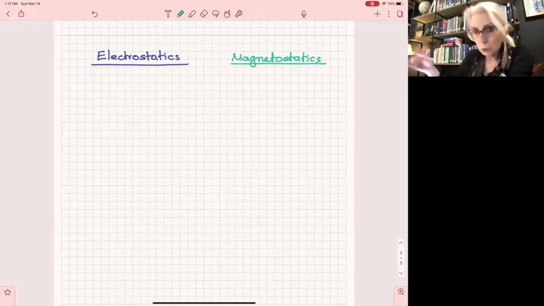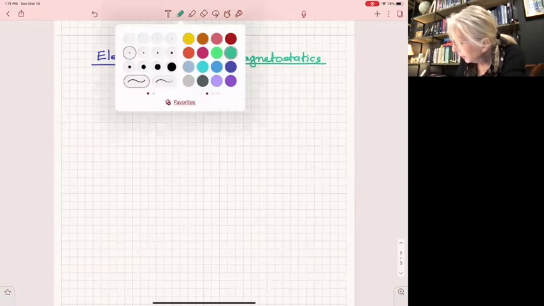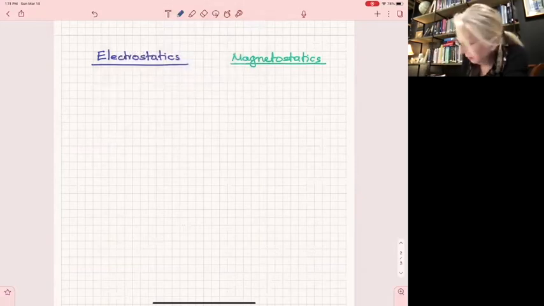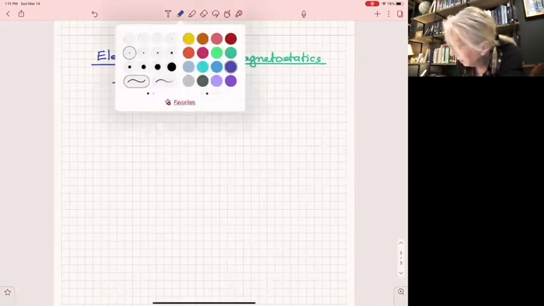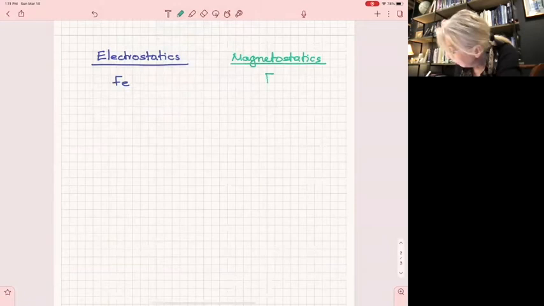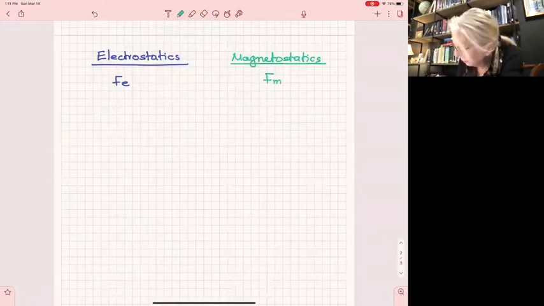First of all, I'm not going to go too much into the forces, but just to remind you that the one thing that we really feel is the force. So electric force here, magnetic force there. All right. Electric force.